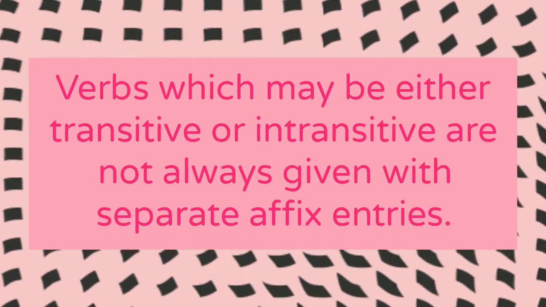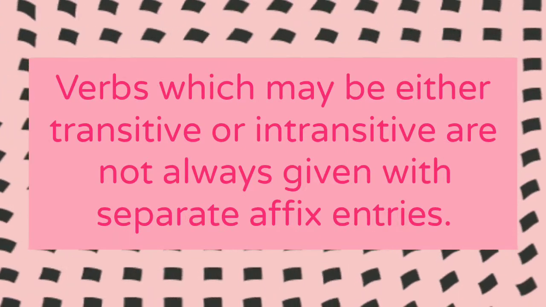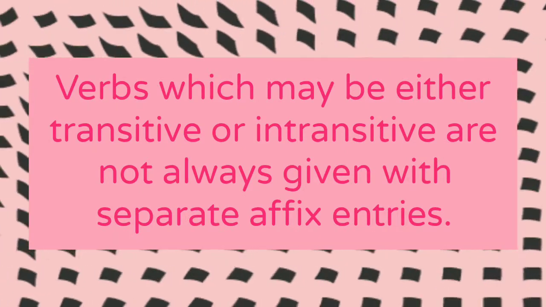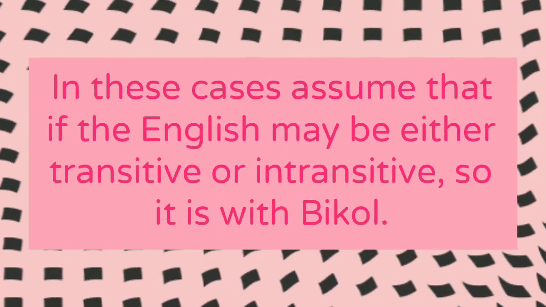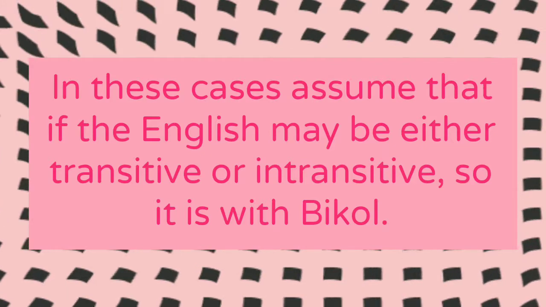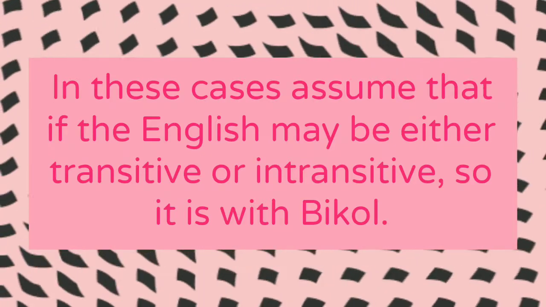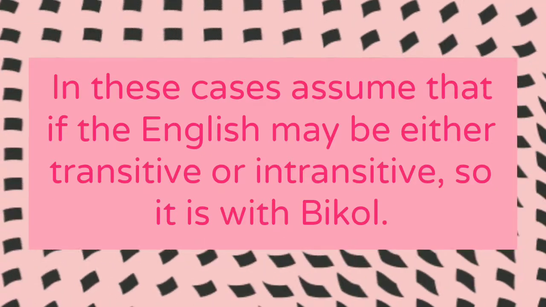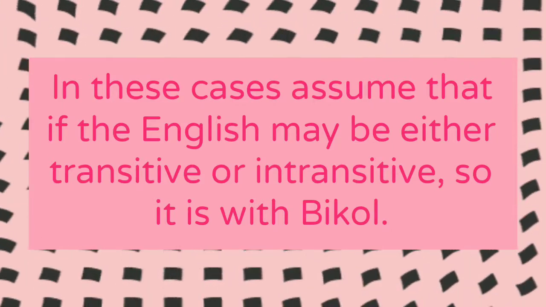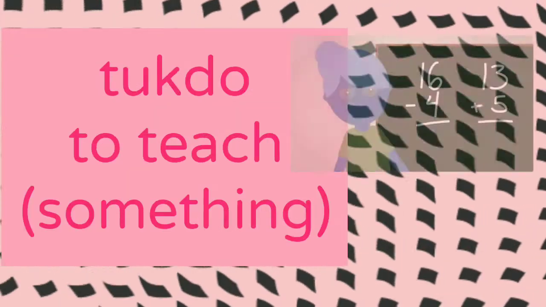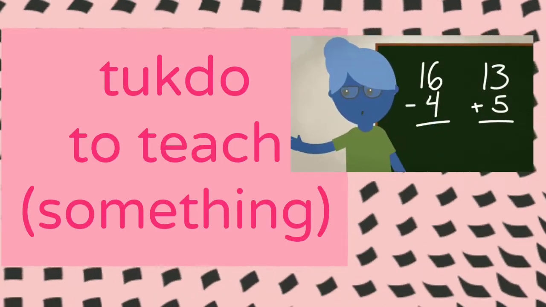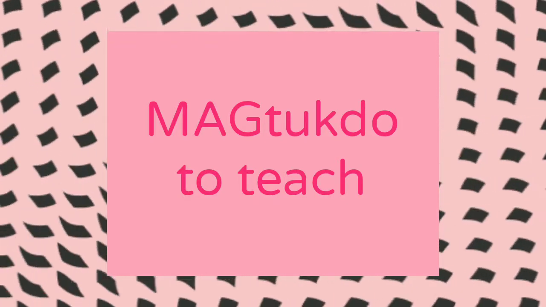Verbs which may be either transitive or intransitive are not always given with separate affix entries. In these cases, assume that if English may be either transitive or intransitive, so it is with Bikol. Tokdo, magtokdo.